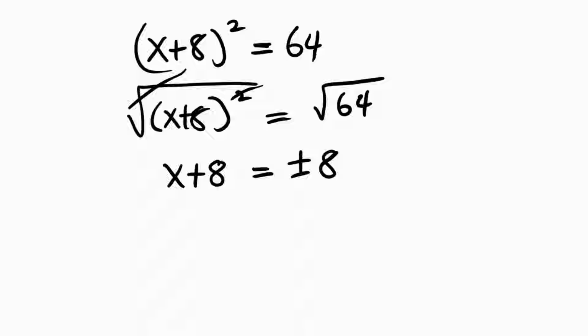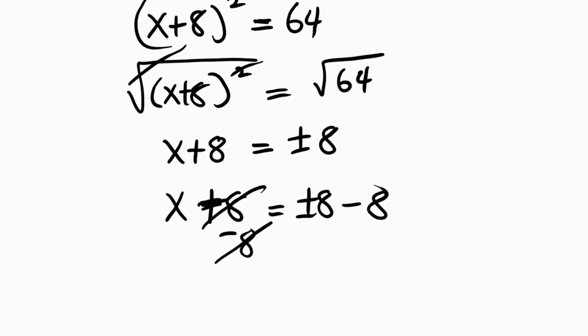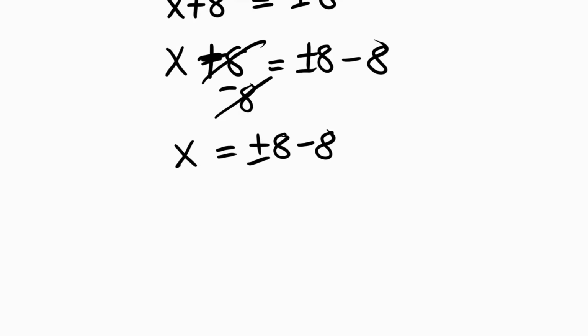Now if we subtract 8 from both sides, we have x + 8 − 8 = ±8 − 8. That cancels out, so we have x = ±8 − 8.